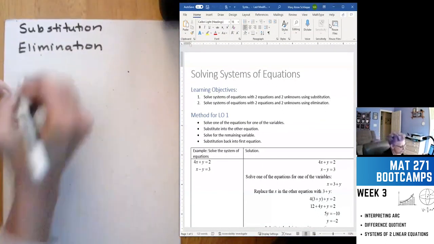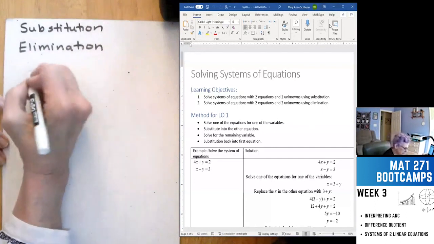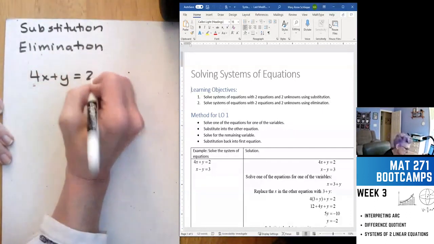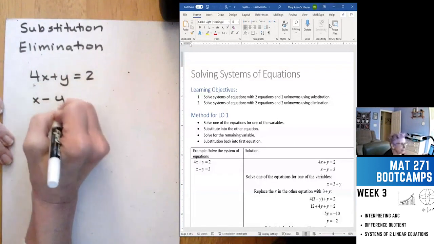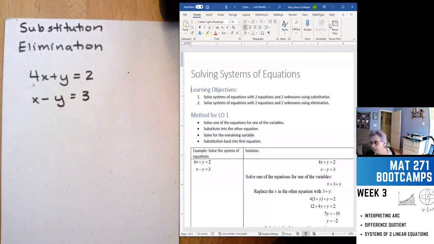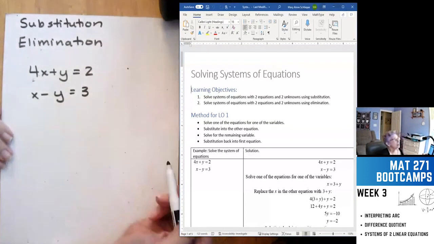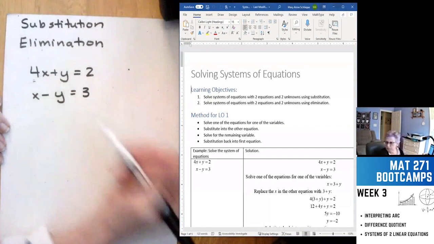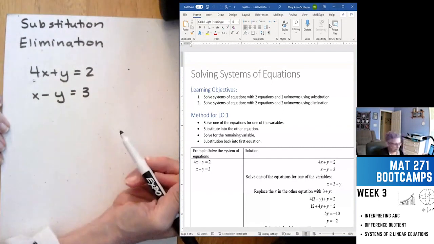So let's just start with this first system we have here. 4x plus y equals 2. x minus y equals 3. And we're going to do it both ways, just for fun. So I'll start by substituting. And this one's pretty easy to do either way.